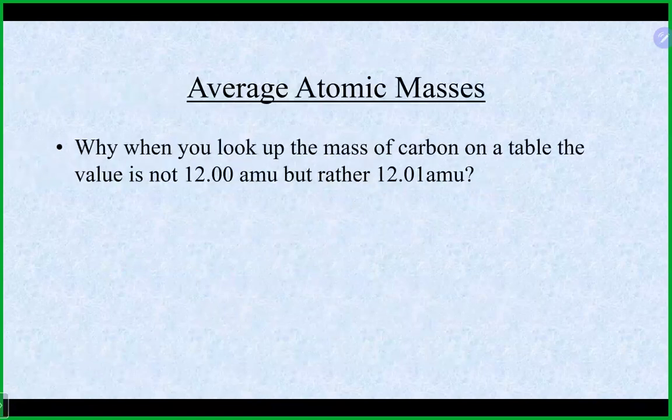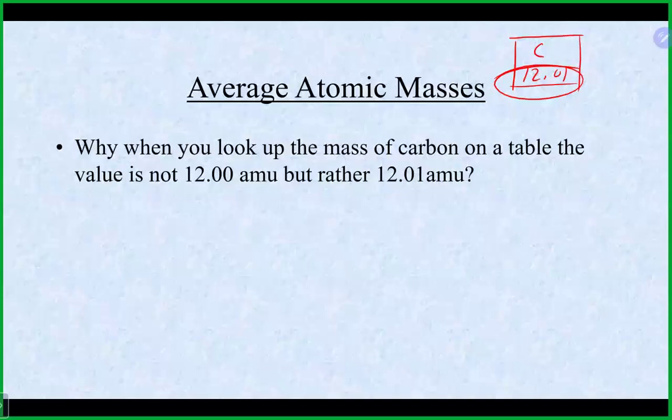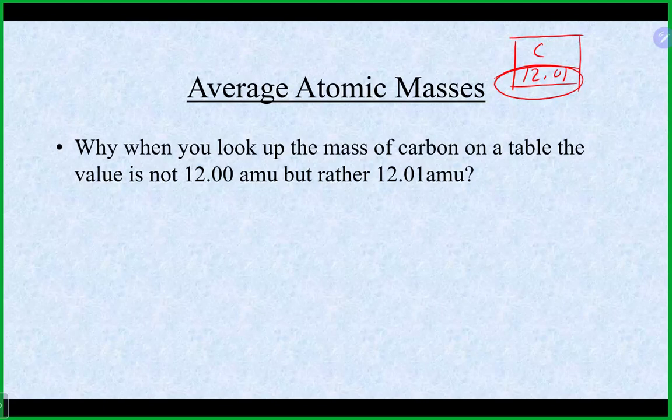Now, when you look at carbon on the periodic table, you will see the number 12.01 listed. You may say to yourself, if they used an isotope of carbon as the standard to compare everybody to, and that isotope had a mass of 12, why does it say 12.01 on the periodic table?